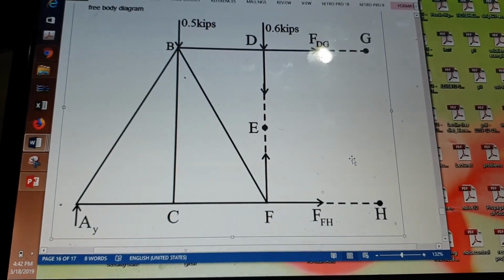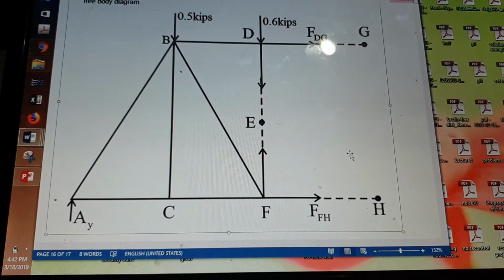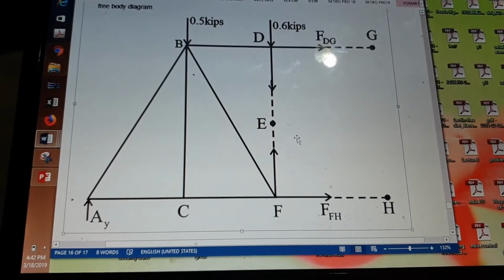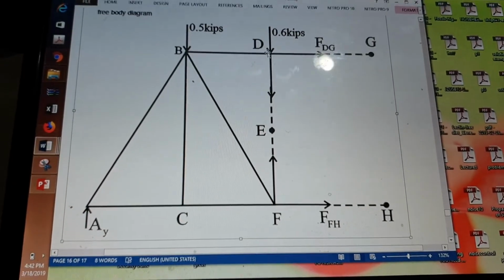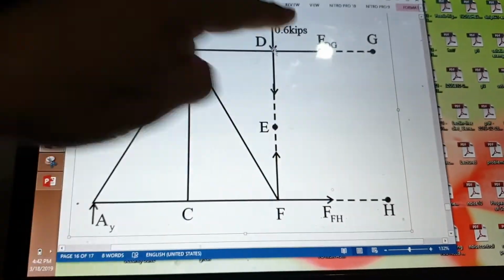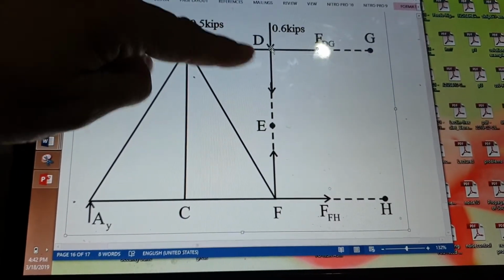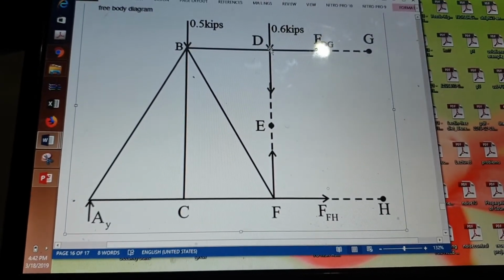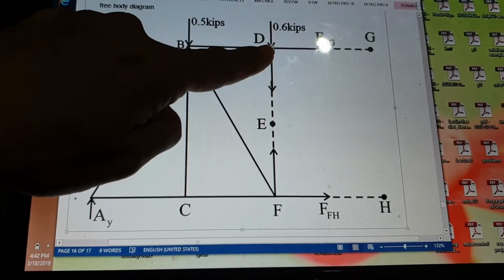Now, we don't need to find summation of forces at y equal to 0 because these are the two things that we need, and they are in the x-axis. So what are the other options? Third option is summation of moment. So let's take summation of moment at a place where we could cancel everything. If you take summation of moment at D, which means 0.6 is cancelled, FDG is cancelled, FDE and EF is cancelled. What could we get from this summation moment at D?